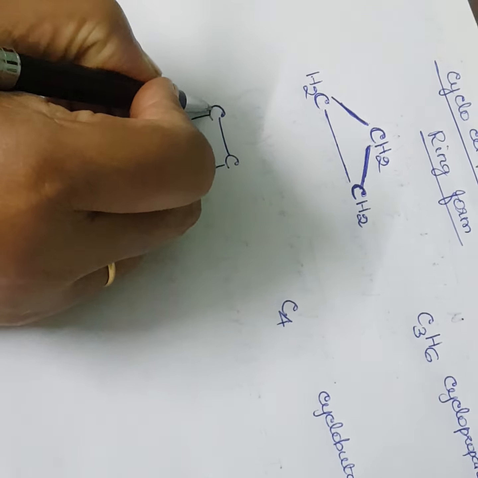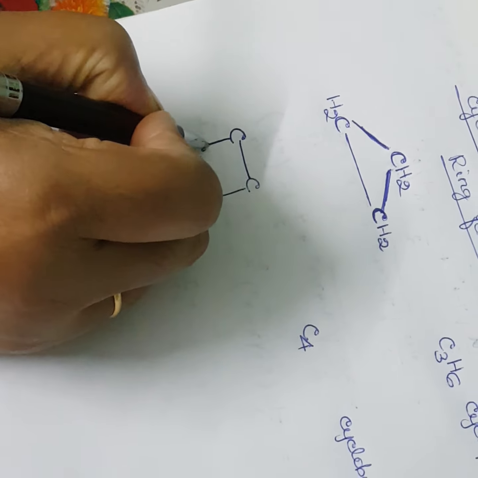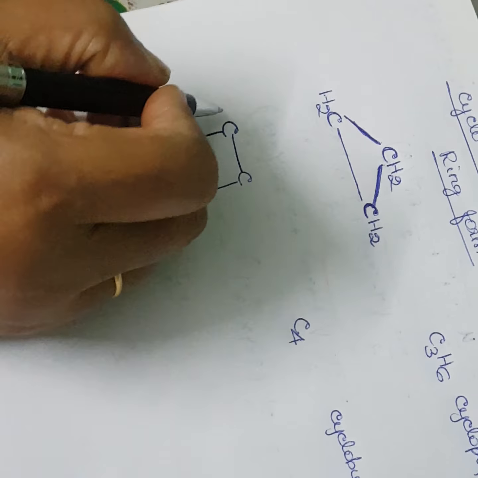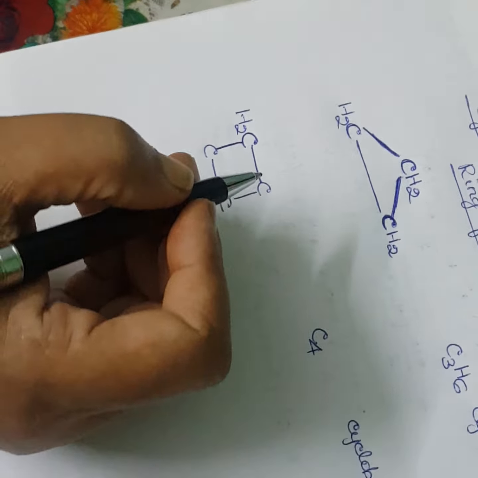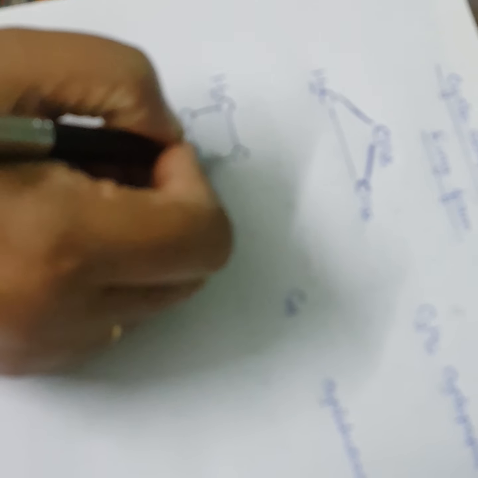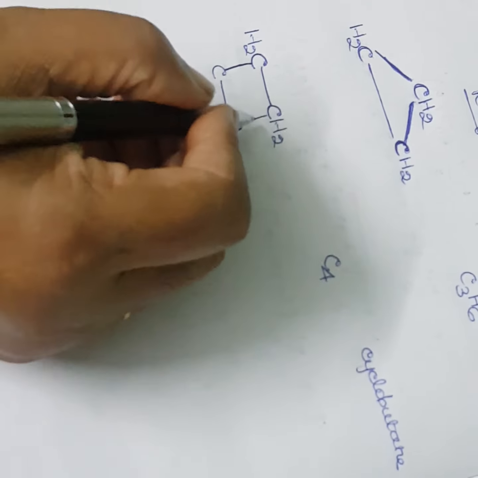Now look at this carbon. It is already bonded with 2 other carbon atoms. So the remaining valency for carbon is 2. So it is becoming CH2. Now this carbon is already linked with 2 more carbon. The remaining 2 will be hydrogen. This carbon is linked with 2 carbon.